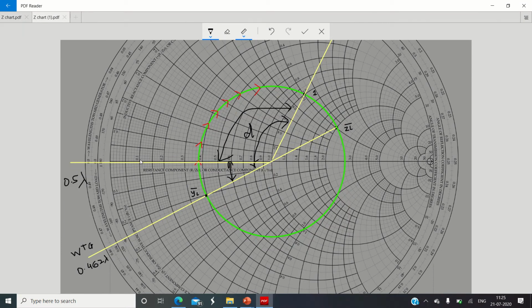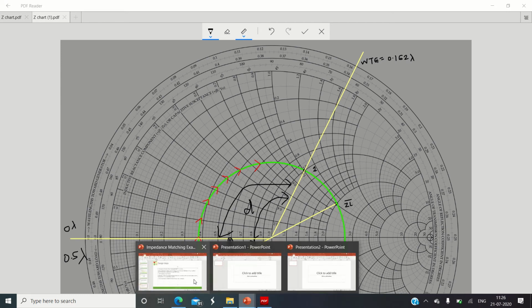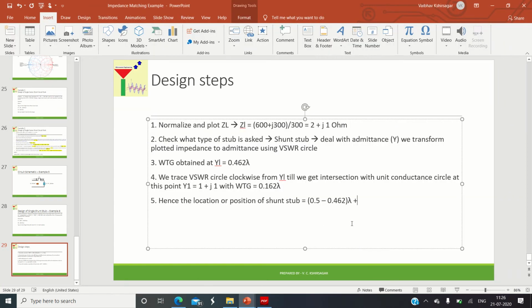When you start from this particular horizontal line, we need to take WTG as 0 lambda now, because we are starting from this point. So starting from this point as 0 lambda, this line is located directly at 0.162, so directly you can add. I hope that you understood how to take the separation distance between these two lines when they are separated by a 0 lambda line. So 0.162 lambda, because 0.162 minus 0 lambda will give the same.